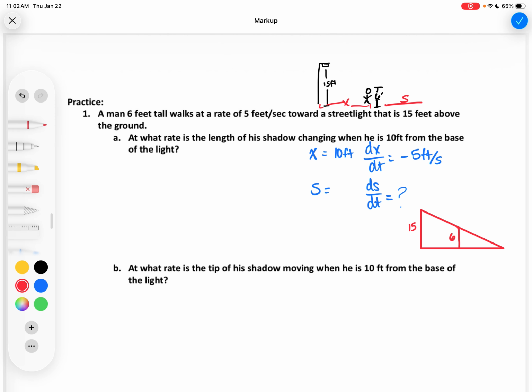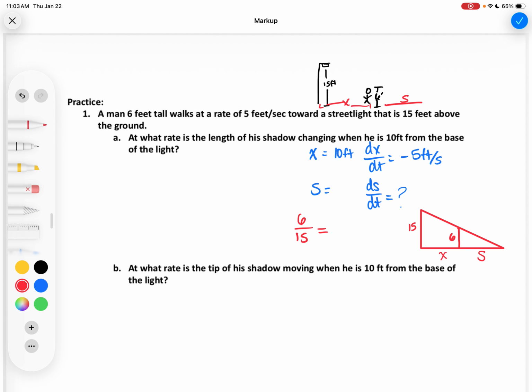And so then the distance between the street light and our guy is X, which again, we obviously have an actual value, but for the purpose of setting this up, we're going to call it X. And then between him and the tip of his shadow, we're going to call S for shadow. So I'm looking at the little triangle and then the giant triangle. The easiest part to see is the 6 over 15. So I'm going to have that first.